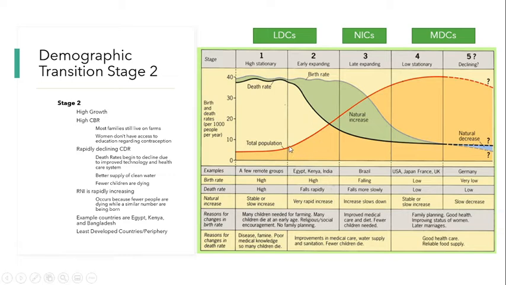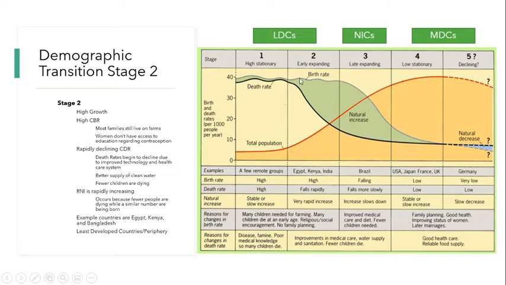But notice that we see right here, the total population line, this red line, starts to increase dramatically compared to stage 1. And that would be because they have improving medical care. They have improving infrastructure, like water supply and sanitation, so fewer children die. So life expectancy increases.